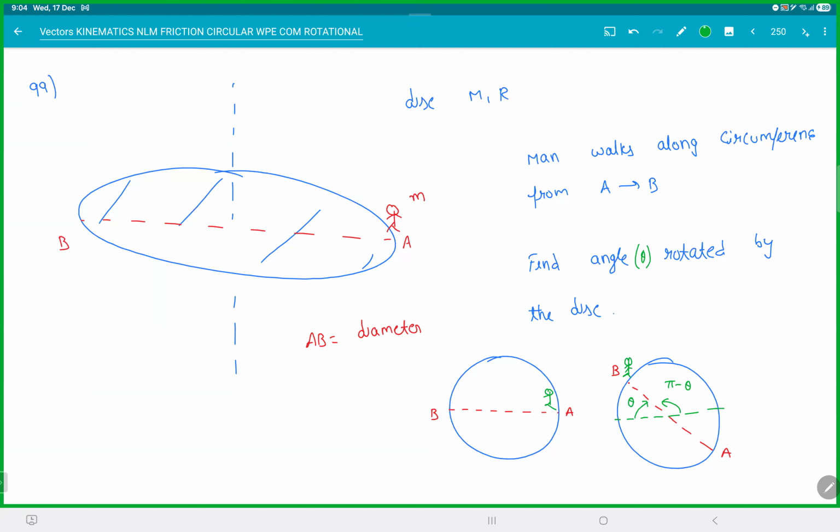This thing, if you look at it, kind of looks like the man-on-a-plank problem. It looks like that, but the answer is not the same. Be careful. When he walks on the circumference, the disk will rotate in the opposite direction. Try.